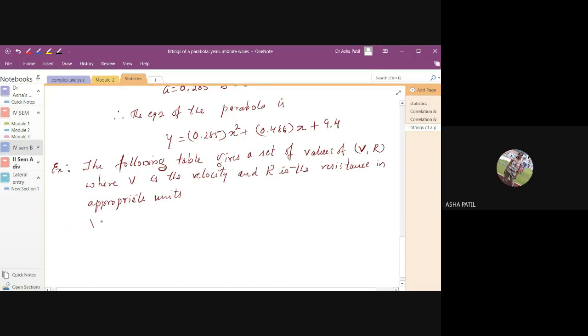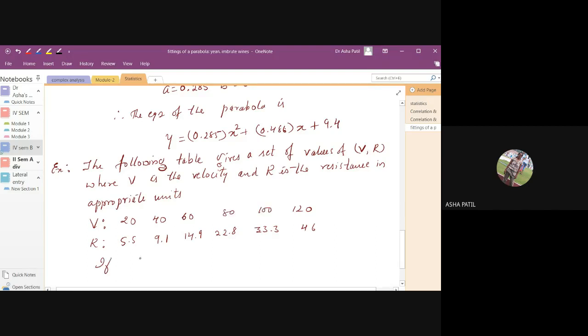Take the values of V and R. V values 20, 40, 60, 80, 100, 120. Corresponding R values 5.5, 9.1, 14.9, 22.8, 33.3, 46. Okay, continue the question.